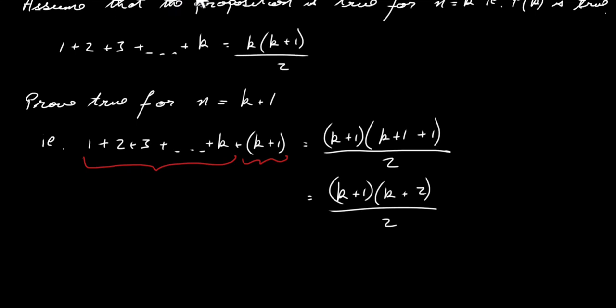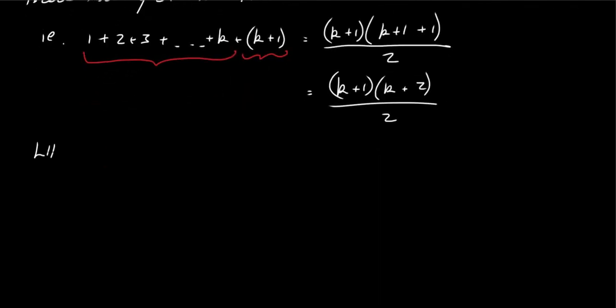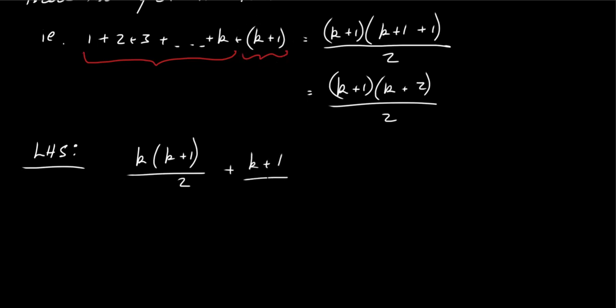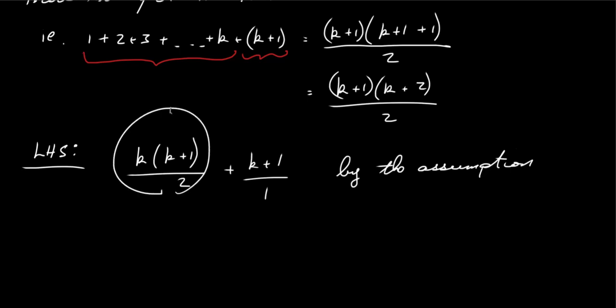So we're just going to look at the left hand side. This part here we can replace with k times k plus 1 over 2. And then we're just going to add this part on, which is just k plus 1 over 1 if you like. We can just put down here by the assumption. This is the assumption here. This is equal to this here. We assumed that that was true.